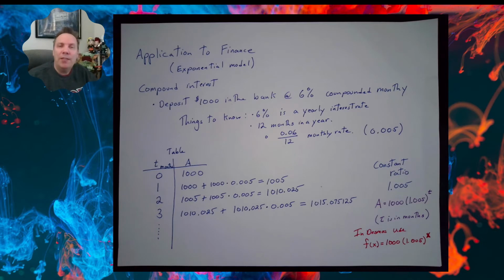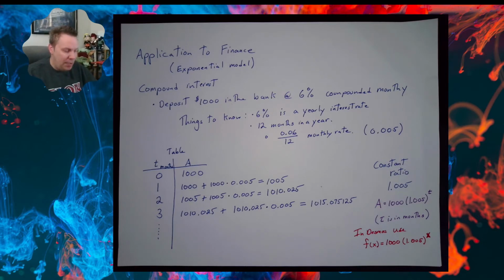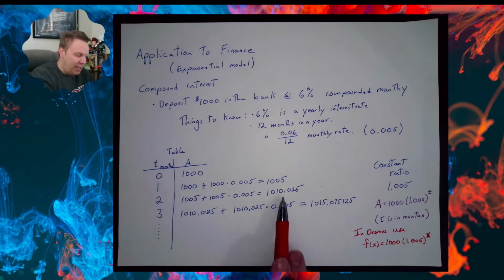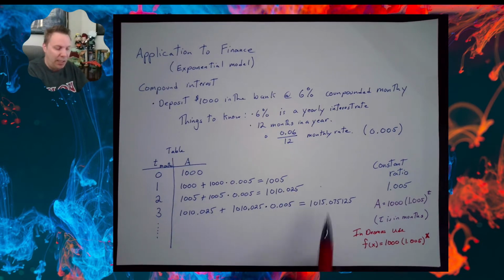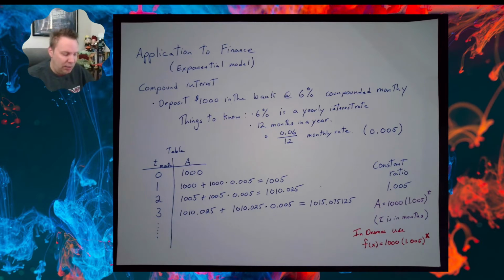We'll leave the 2.5 cents in there numerically. But what happens at the beginning of month 3? Well, I have to take this amount and calculate the same thing using that. And I wind up getting $1,015 and a little over 7.5 cents.